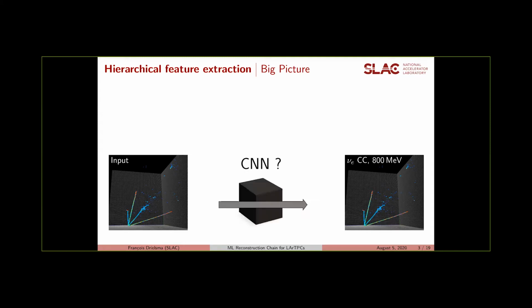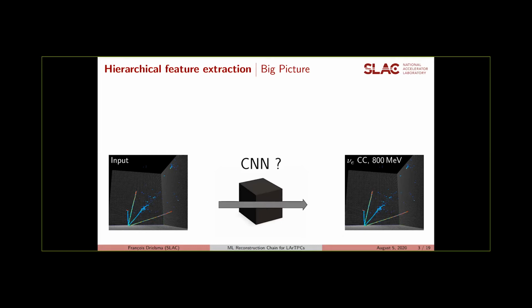Because your data presents itself in the form of an image, it's natural to want to use a convolutional neural network, because this is the traditional method of analyzing an image. And you can very well just put the whole image through the network and extract high-level information such as neutrino type and energy.